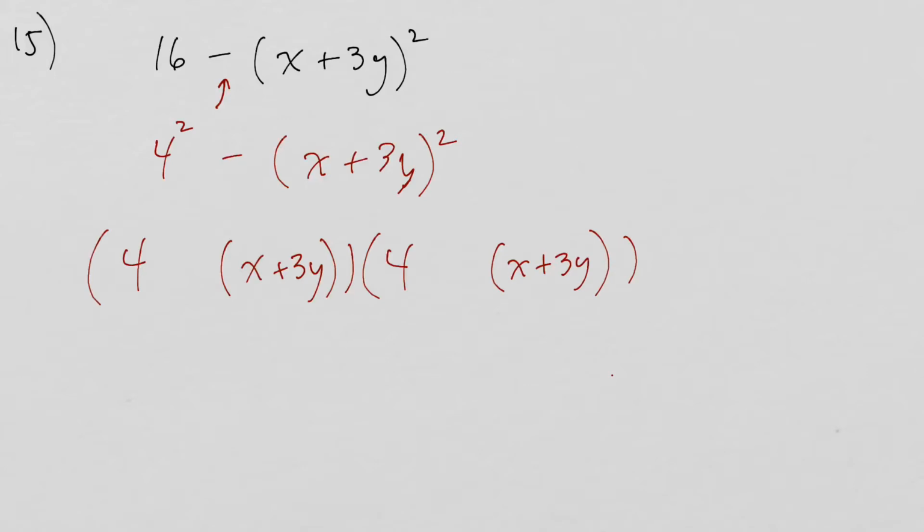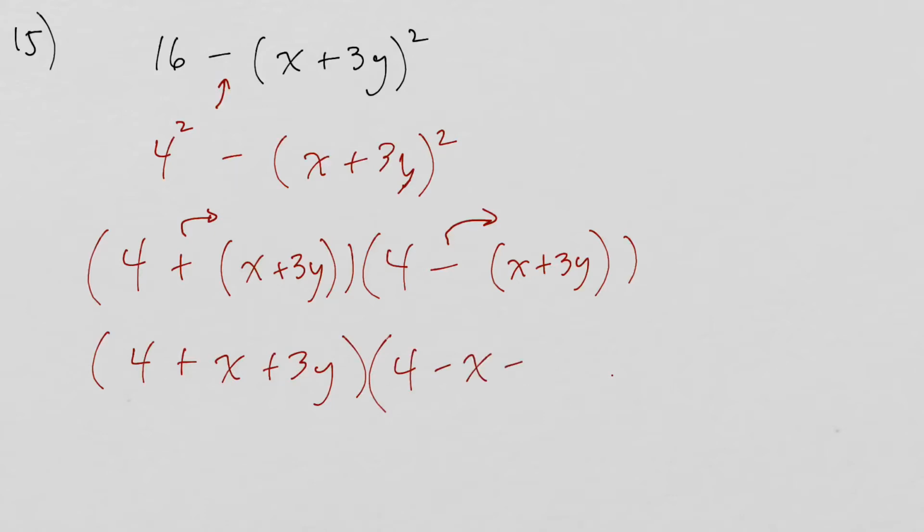So we'll have a plus in the first spot and a minus in the second spot. Be careful because this negative is going to distribute here. When we get rid of these parentheses, they just disappear. So we have 4 plus x plus 3y. But over here we have 4 minus x minus 3y.